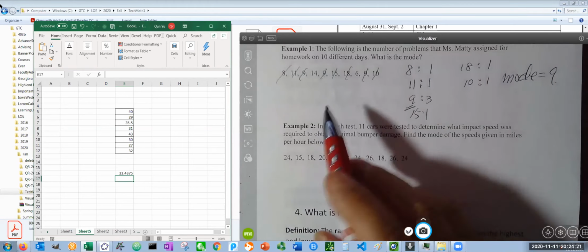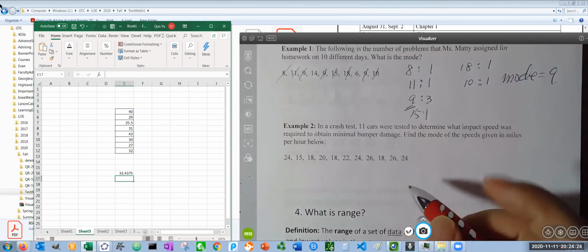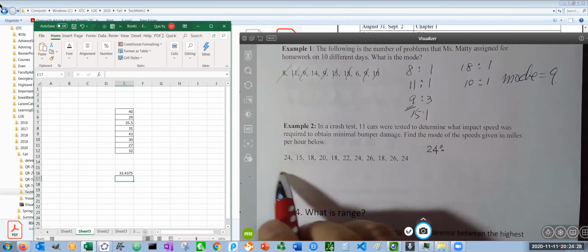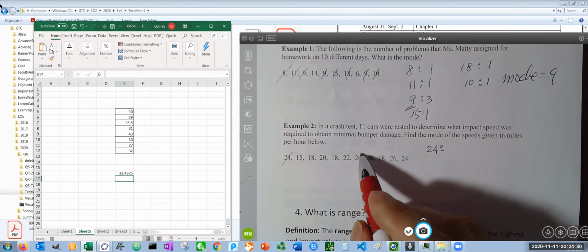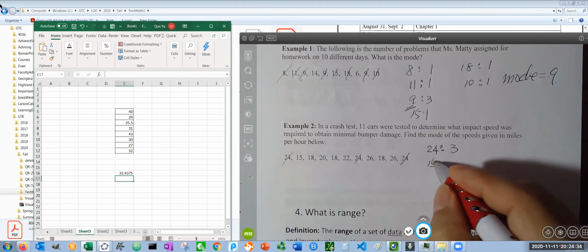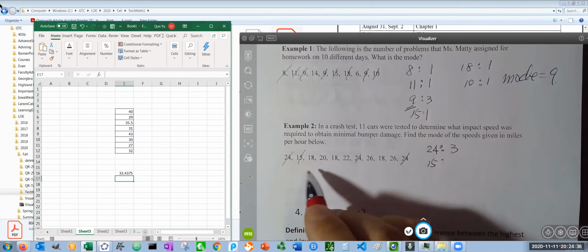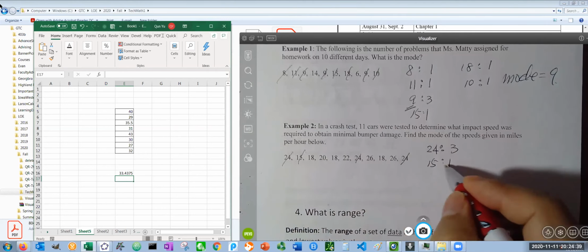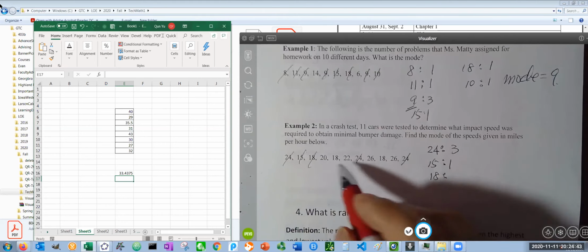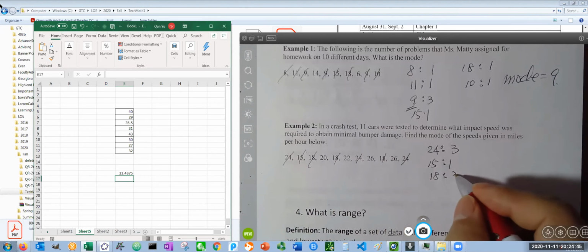So just like in the previous one, we just need to figure out how often each number occurs. So for number 24, once, twice, 3 times. Number 15, just once. Number 18, just do it one by one. 1, 2, 3, 3 times.